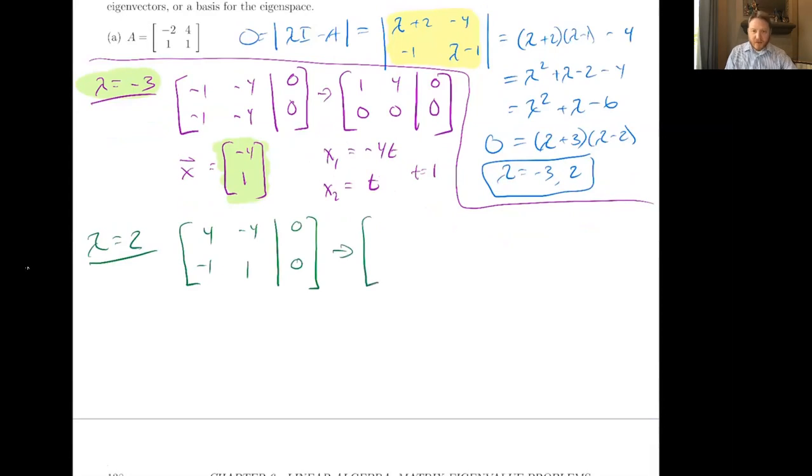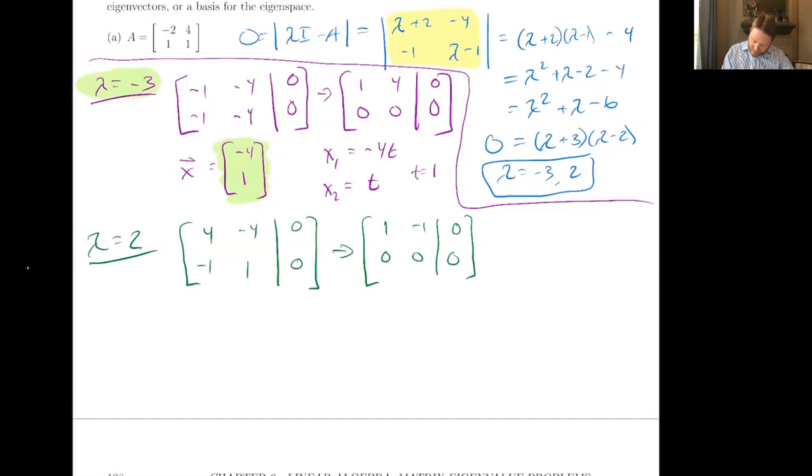Row reduce that. You can see that one of the columns is a multiple of the first one. So this is just going to row reduce to 1, negative 1, 0, 0. Again, if you want or need to use your calculator, there's no shame in that. We haven't done a ton of these, but that's how it row reduces.